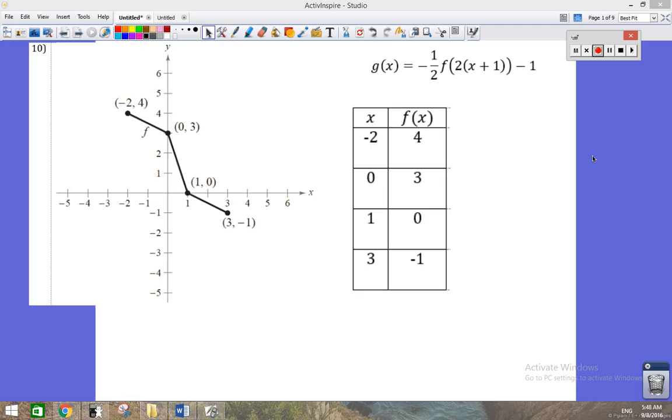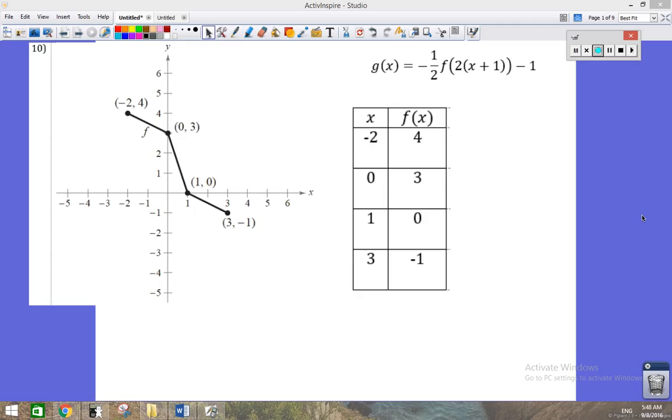In our notes, we're going to do horizontal shifts left and right first. Then we're going to do horizontal compressions, which means horizontal shrinks or horizontal stretches, and we also include a reflection across the y-axis in that step. Those first two steps affect the domain.